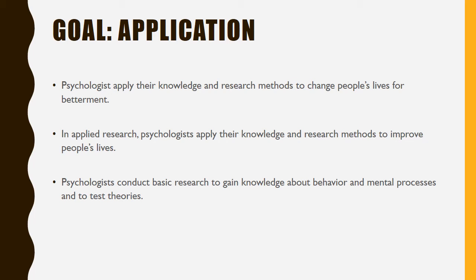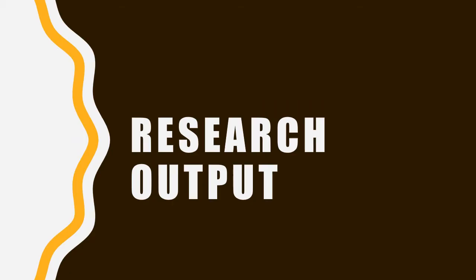So basically, research output. When you talk about research, it is a systematic procedure. It is a standard operating procedure. So when you have a standard procedure, at the end of the day, you will have a product. What is the product that we get at the end of doing a research?